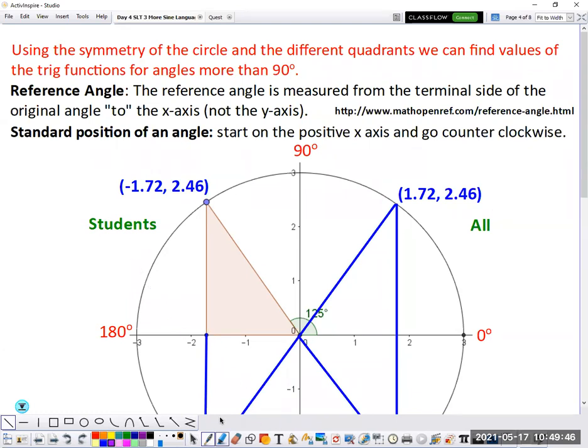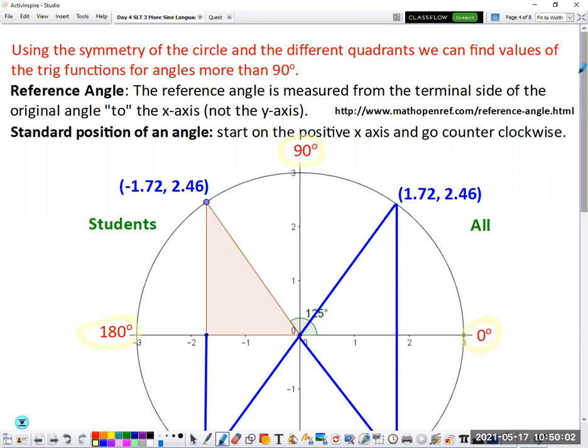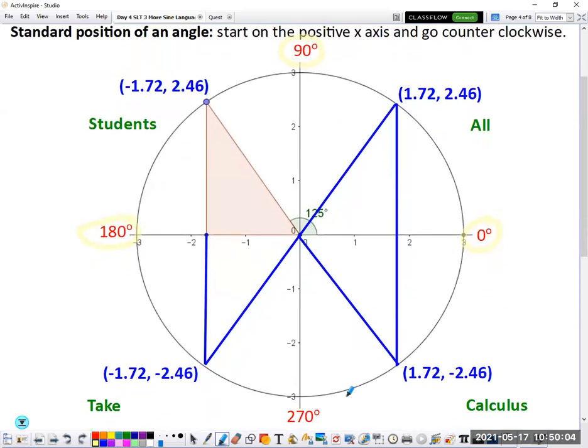Everyone, highlight or circle 0 degrees, 90 degrees, 180 degrees, 270 degrees.